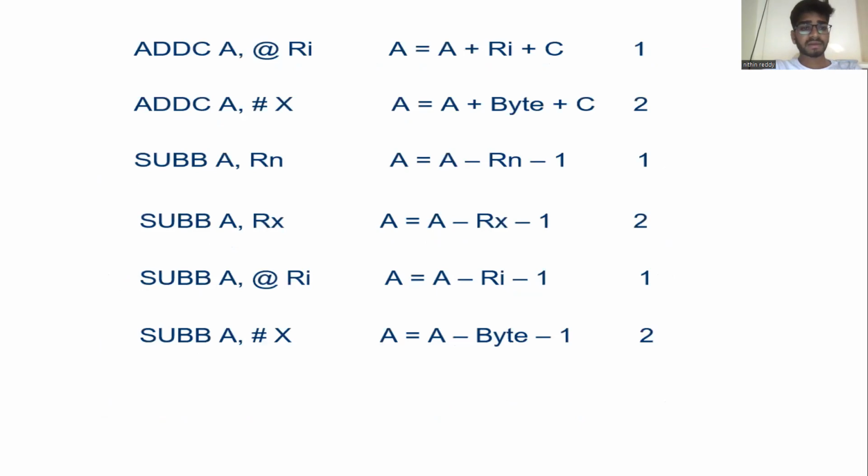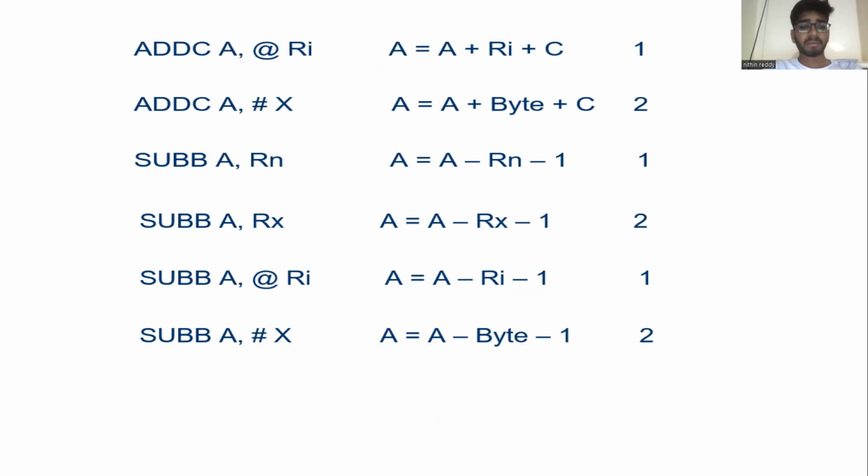ADDC A, @Ri, where A plus Ri plus C is stored in the accumulator A and its byte is 1. And ADDC A, #N, where A plus the data byte plus the carry flag is stored in the accumulator A and its byte is 2.